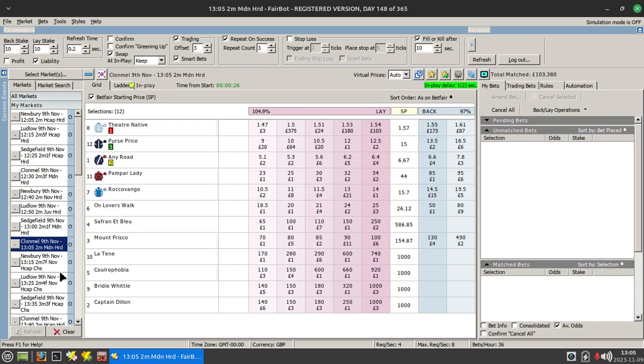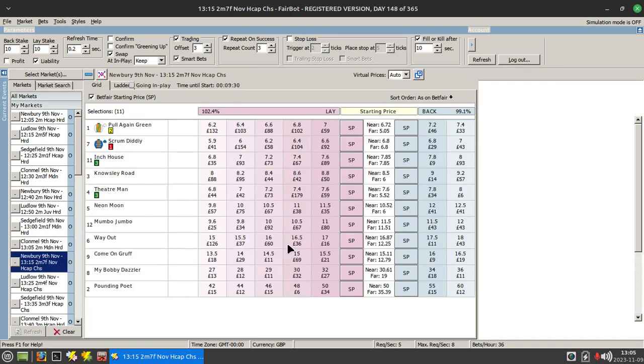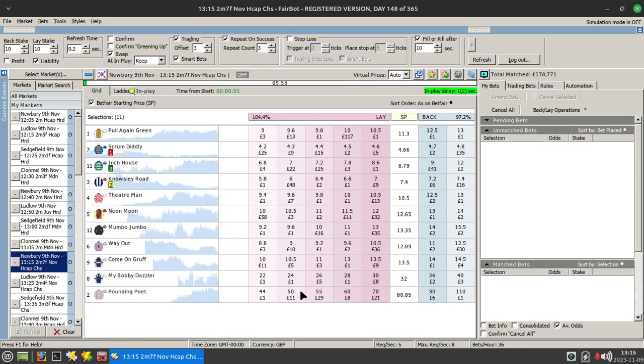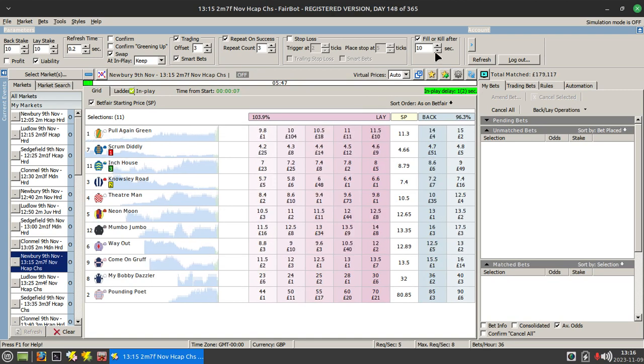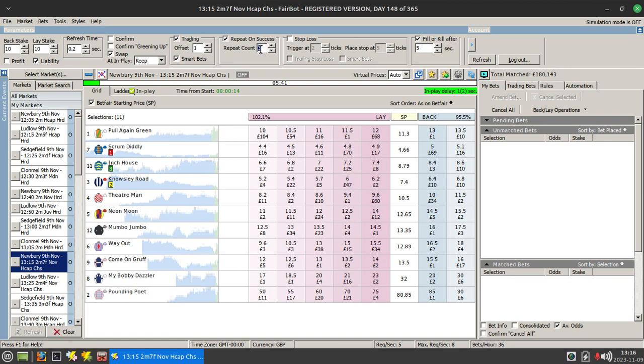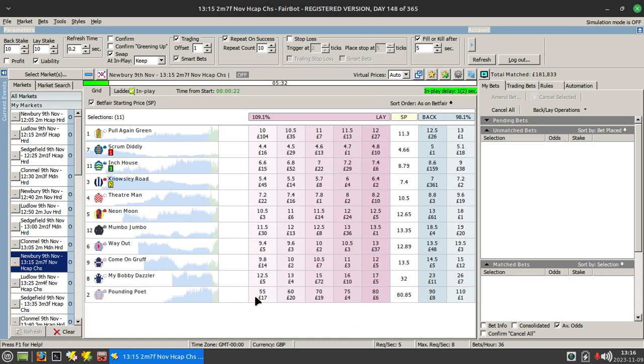Right, let's see if Clonmel started, so we'll nip on to Newbury. Okay, off and running at Newbury, and to show you another variation on a theme, what I'm going to do in this case is reduce my killer fill to 5 seconds, reduce my offset to 1, but increase my repeat count to 10. And I'm going to enter the market much closer to the front of the market.